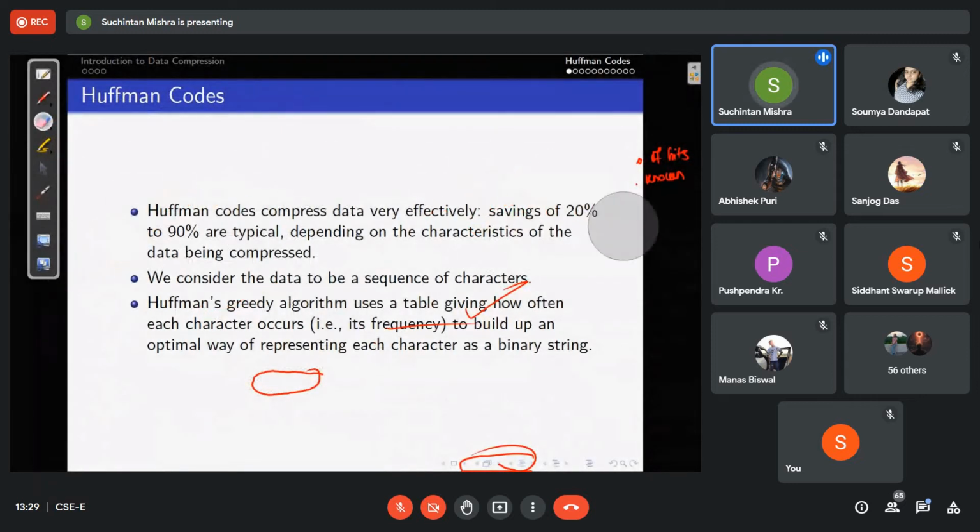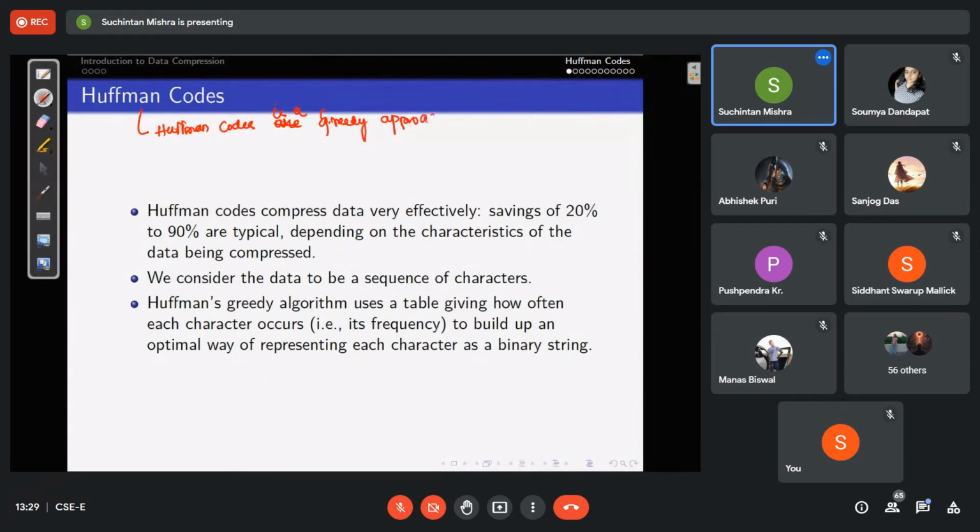Now, we move to the topic which is Huffman codes. What is Huffman code? Huffman codes are a greedy approach that assigns variable length codes.